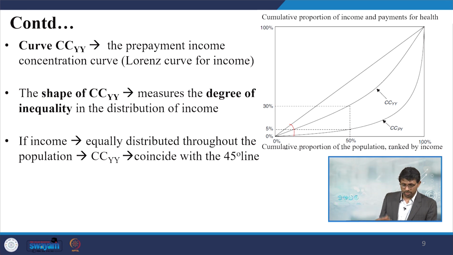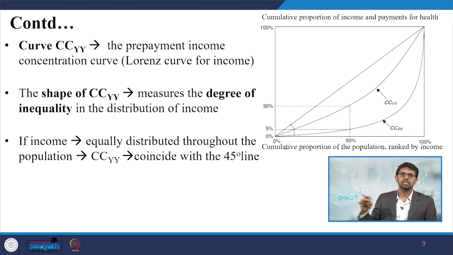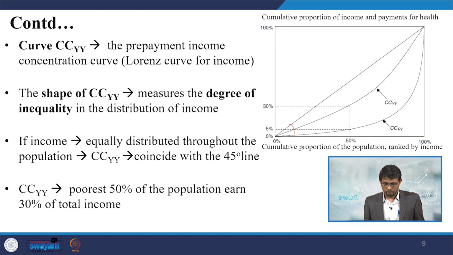If income is equally distributed throughout the population, then CCYY will be overlapping with the 45-degree line. That means there will be no inequality or inequity. So, CCYY refers to the poorest 50% of the population, where we have been indicating this point. This refers to the poorest 50% of the population earning only 30% of the total income.